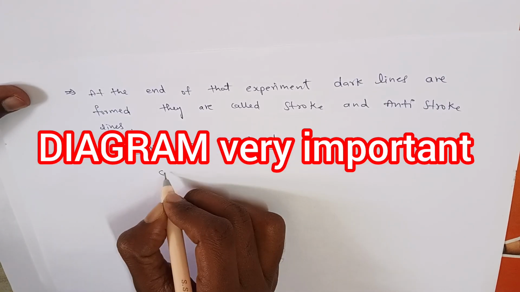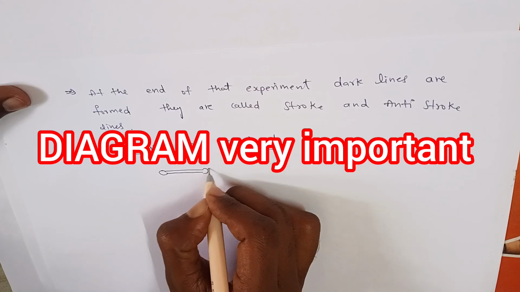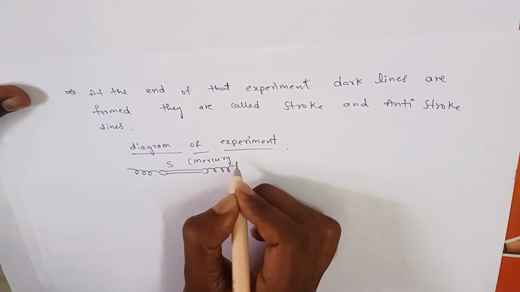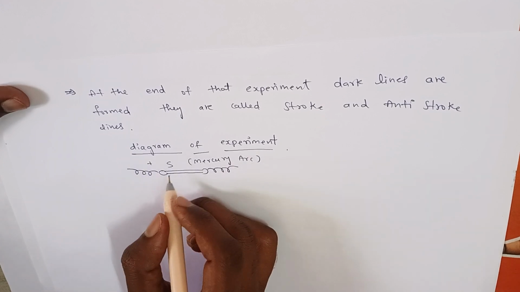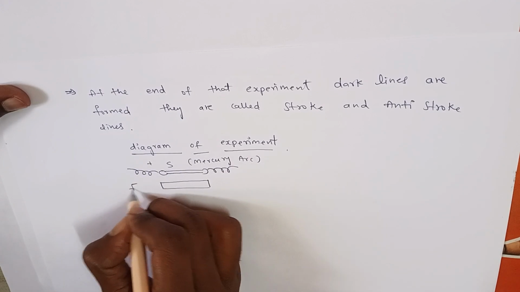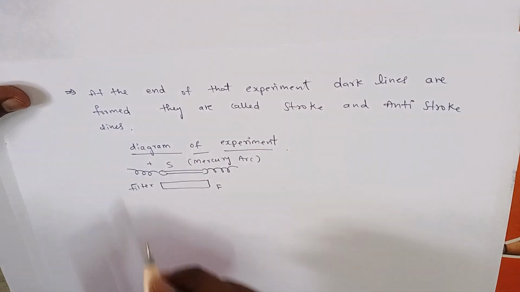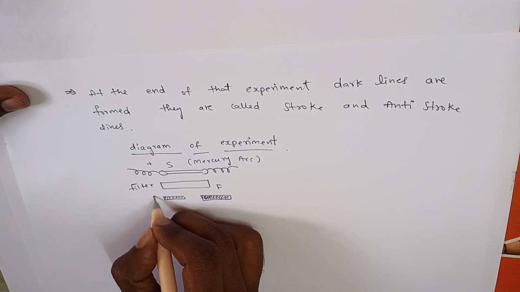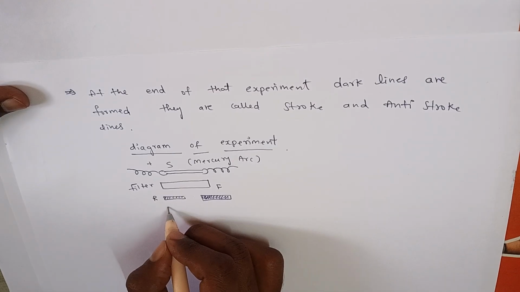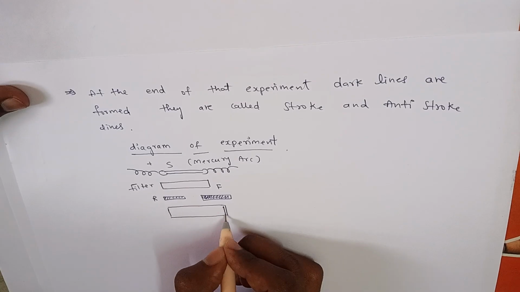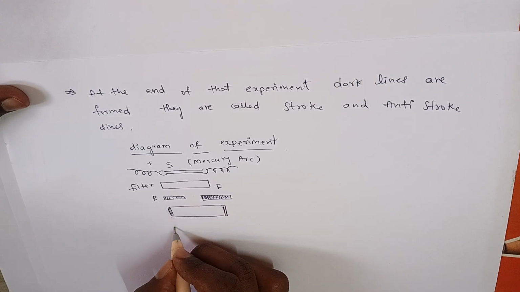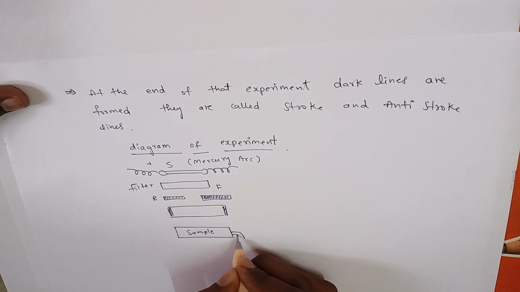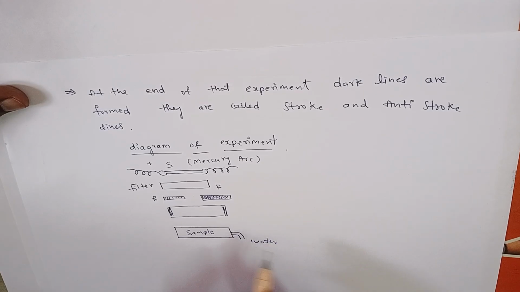At first, it has a mercury arc, then a filter, which we discussed, then two slits, and the sample glass tube filled with water. The outflow is the overheated water on the right side.